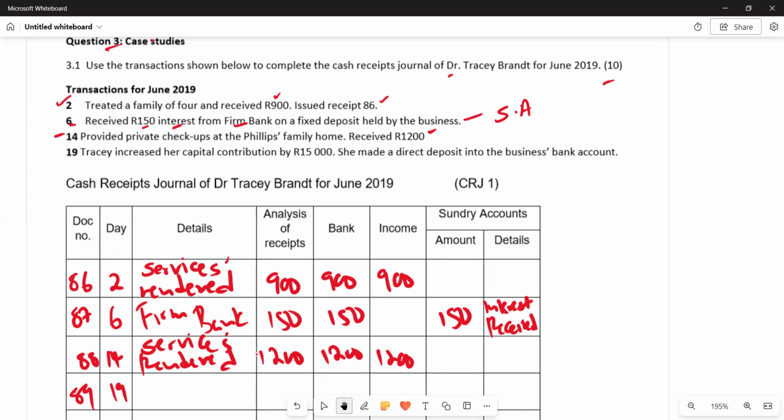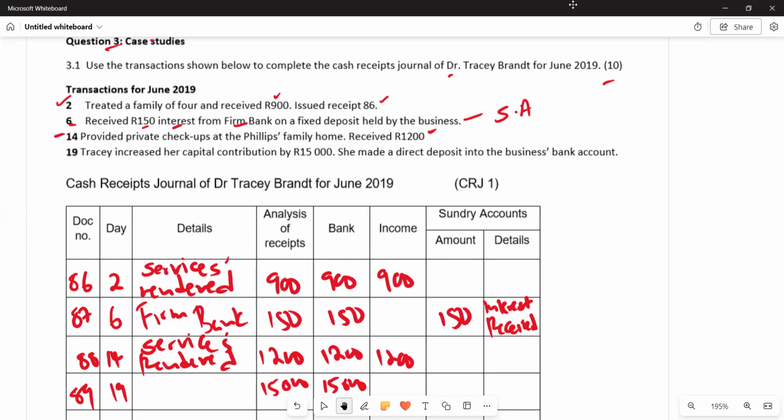On the analysis, let's start with the details. There is an increase of 15,000. Let's start by putting in the amount: 15,000, and obviously this is going to be received through the bank. We also put it under sundry because it's not part of our income.